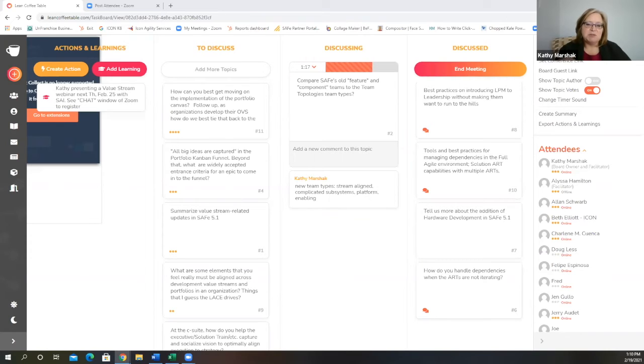One of the differences between the Team Topologies book and SAFe is that in the book, they talk about one reason to form a complicated subsystem team: sometimes certain skills are extremely hard to find or to develop. Imagine you need some biomathematicians to help build a medical device.